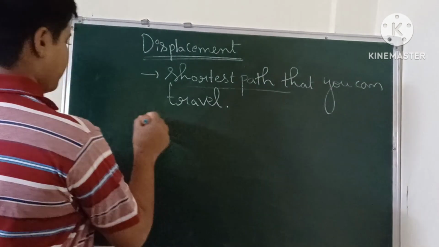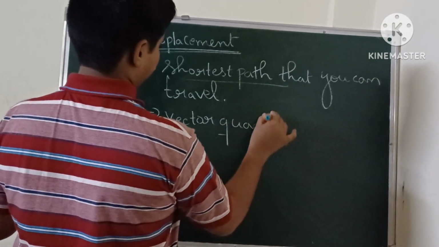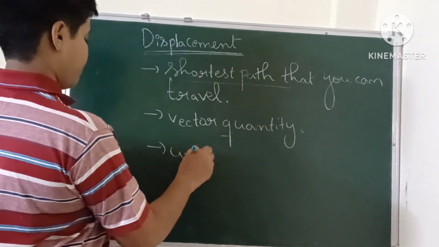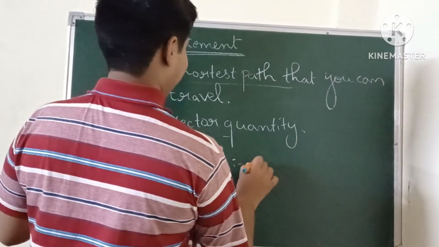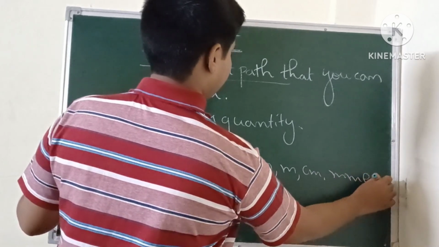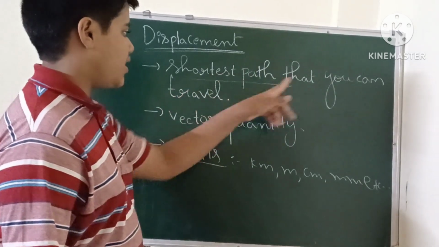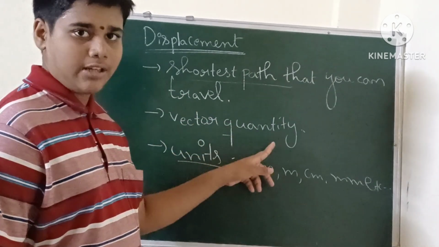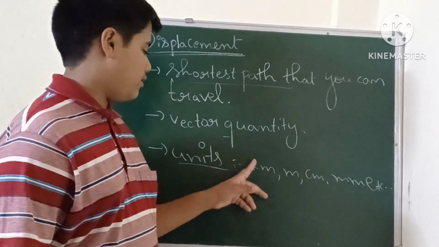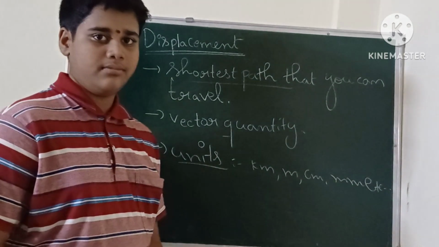Displacement is a vector quantity, which has both magnitude and direction, and the units of displacement are the same as distance: kilometer, meter, centimeter, millimeter.